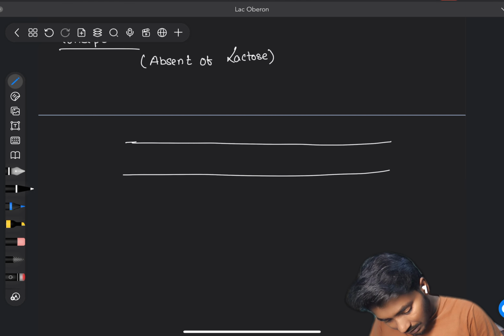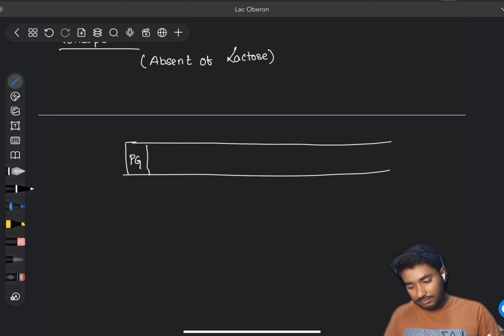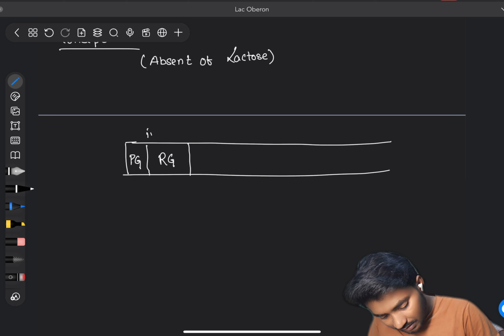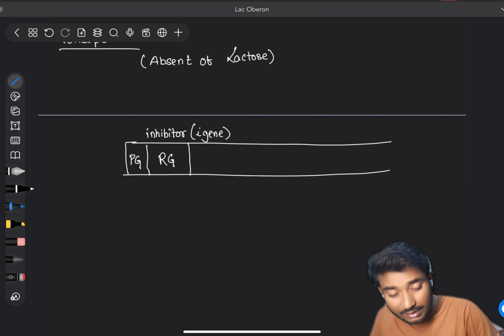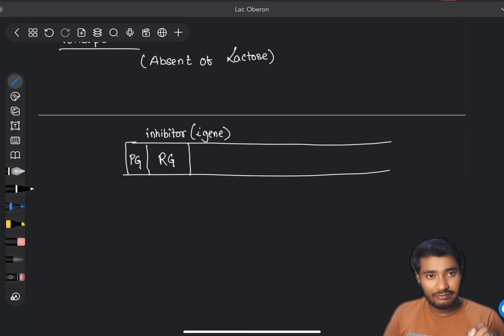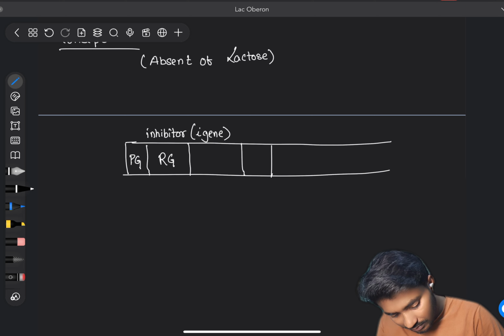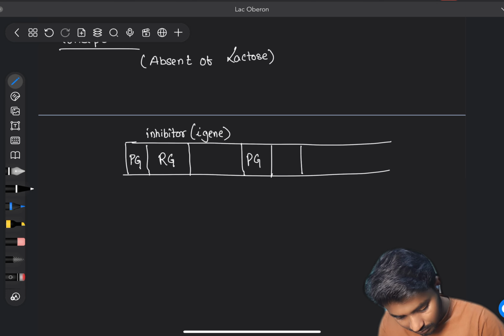Here in the start is the regulator gene, the inhibitor, that we can say is the I gene. The I gene is not an initiation gene, it is an inhibitor gene. Now this is the promoter gene.